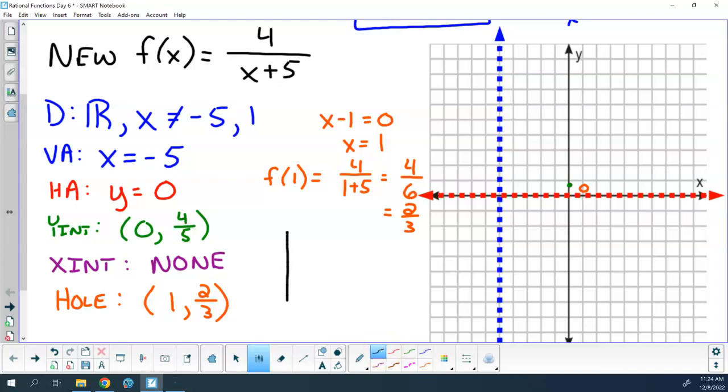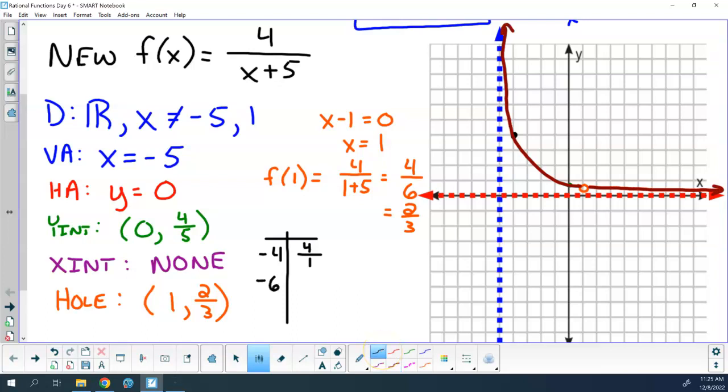So now I've got to do step number 7. Let's go with -4. We'll finish off that side. If I go -4, I've got 4 over +1, which is 4. That to me seems to be enough information to say this one's going to turn up. Then I've got to do the other side.